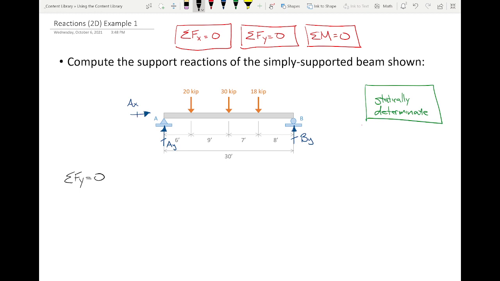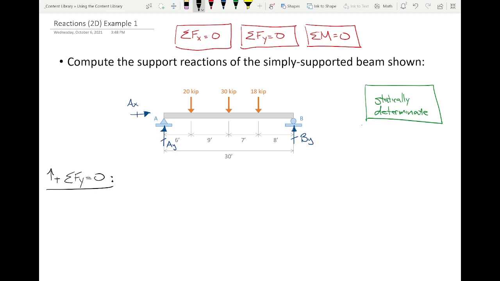You have to pick something and go with it at the beginning. So I'm going to pick that forces acting upwards are positive. I could pick forces downward are positive. It doesn't matter, because ultimately what I'm saying is that everything going up has to equal everything going down. I'm just picking something and going with it. So let's go through this.